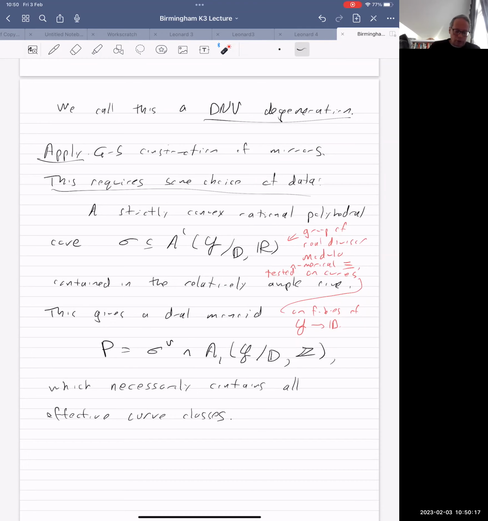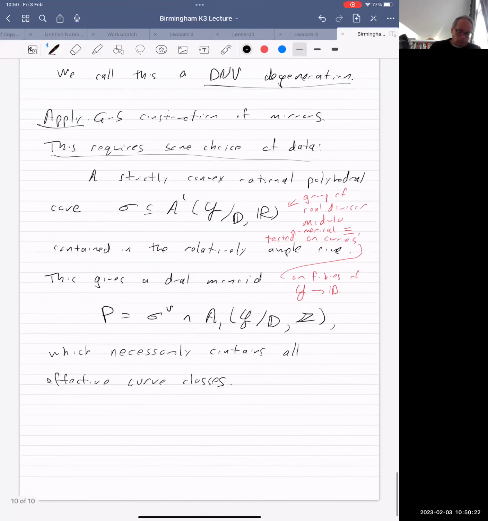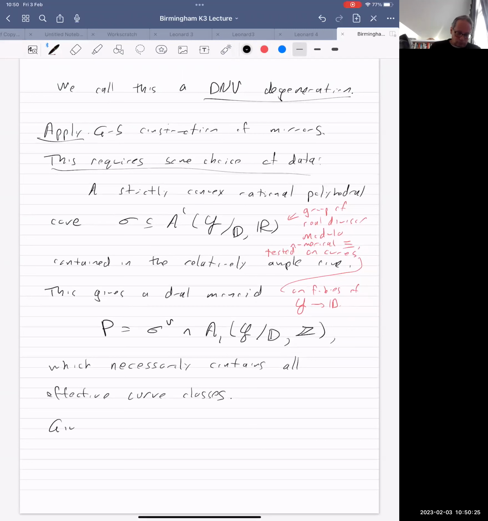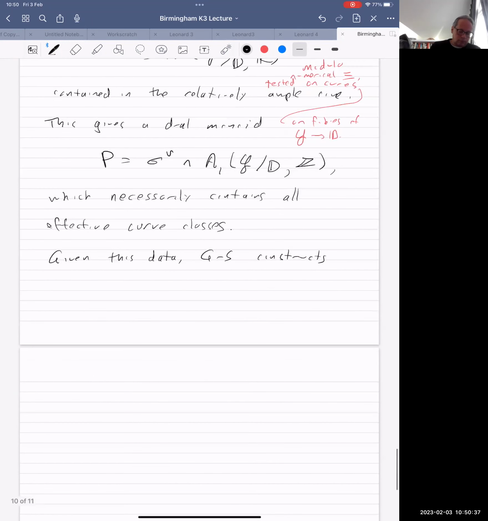Okay, so what do we do with this? So given this data, my work with Siebert constructs a mirror family, which I shall write as X hat over Spec of C bracket P hat.